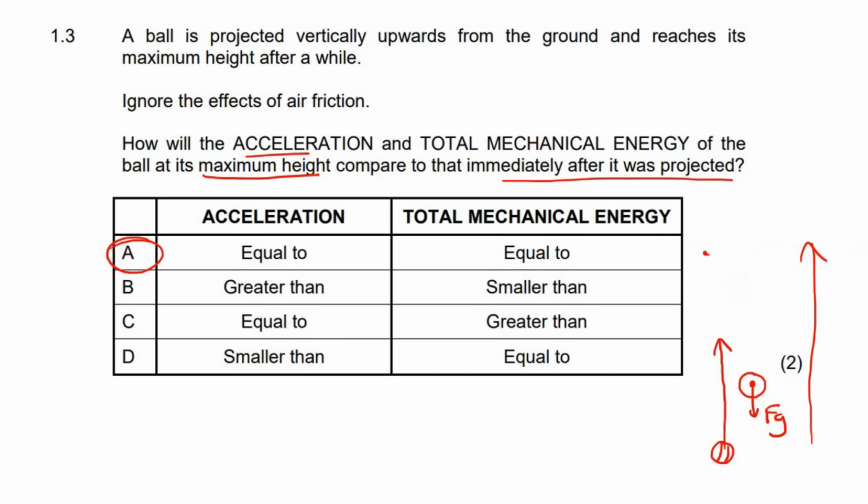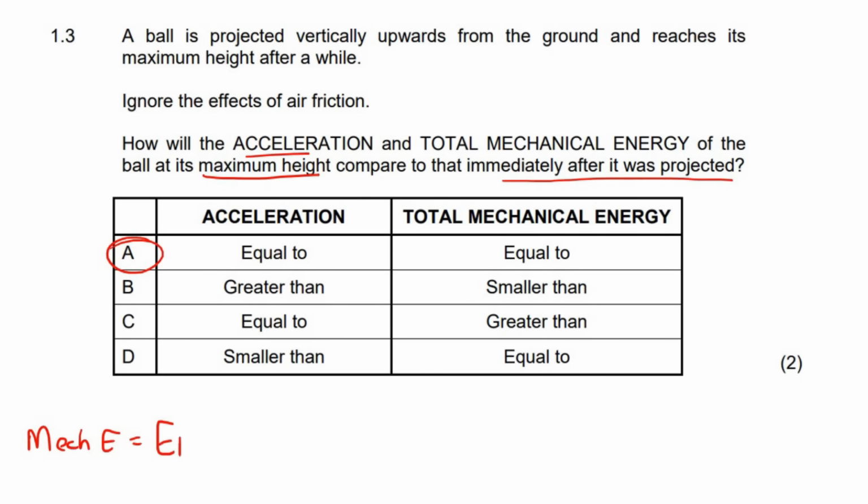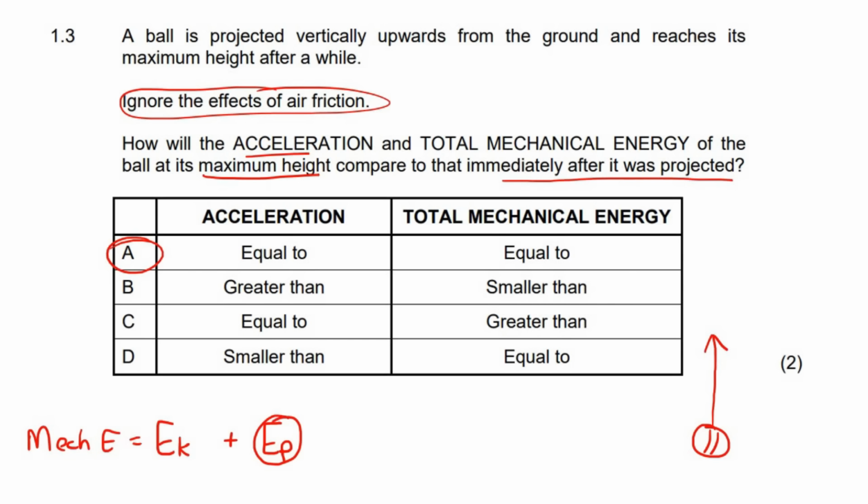Now, let's talk about mechanical energy. What is mechanical energy? Remember that mechanical energy is the combination of kinetic energy plus potential energy. So when there's no friction or anything like that, if you take an object like a ball, and if you throw that ball upwards, the potential energy is going to increase because it's gaining height.